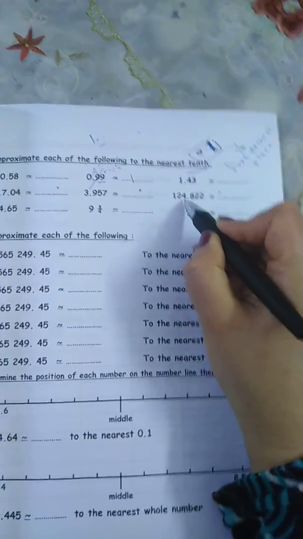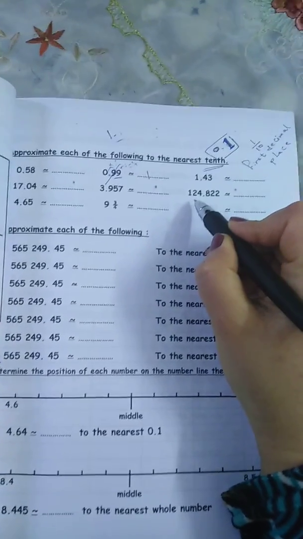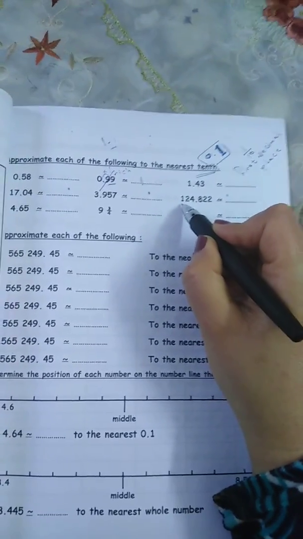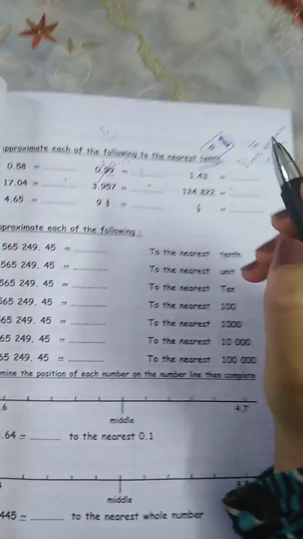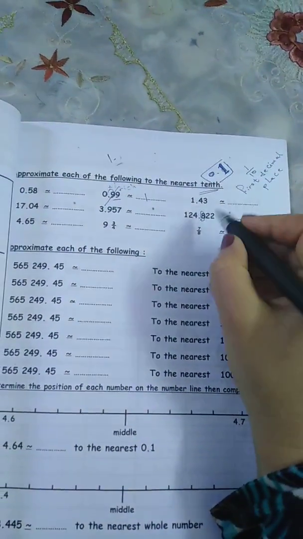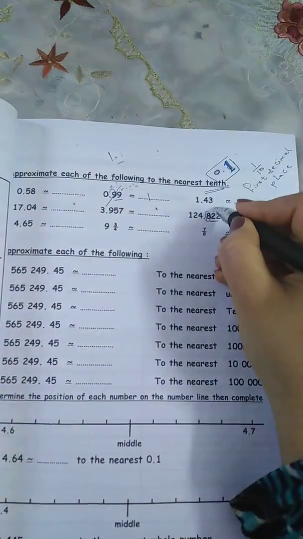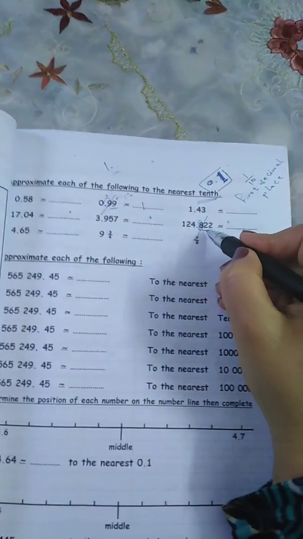No, 4 is the unit. 2? No, 2 is tens, not tenths. 1 is hundreds. Okay, he asked for the tenth place. Where is the tenth place? The tenth place is 8. Circle 8, underline the digit before, make the wall, poor or rich, the underlined digit.